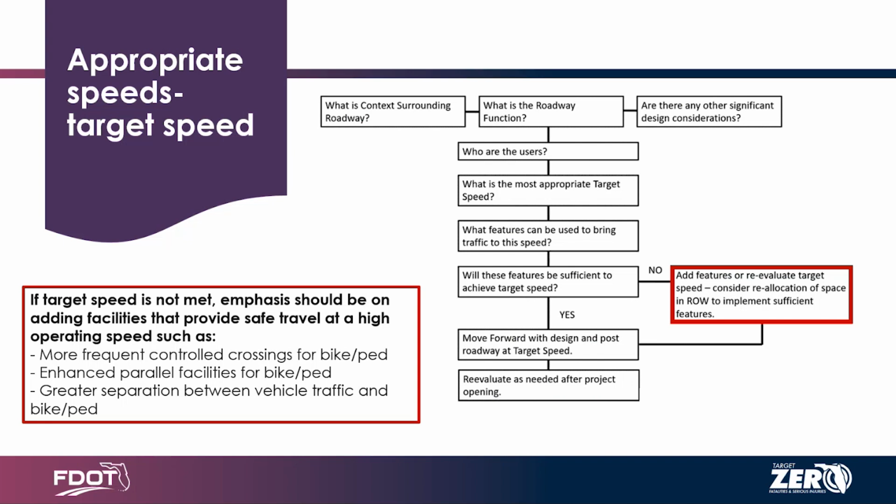Remember, we start at the bottom and work our way up for most of the contexts. C1 and C2, we start at the top and work our way down. Then we talk about what features can be used to bring in the speed. And we're going to do kind of an iterative cycle, right? Is this going to be sufficient to achieve the target speed? If it's not, add some more or change the target speed. If it is, move forward.